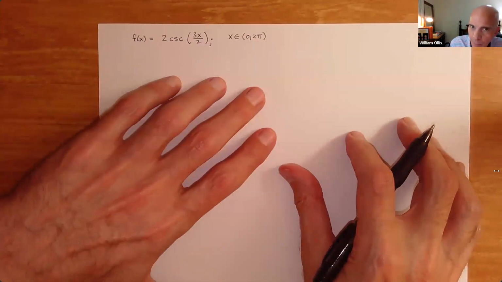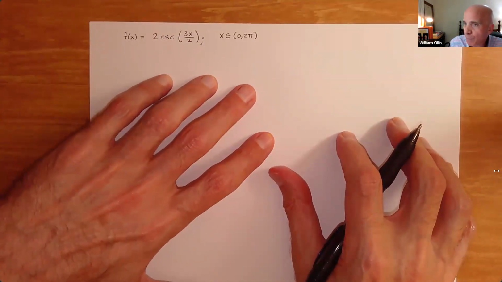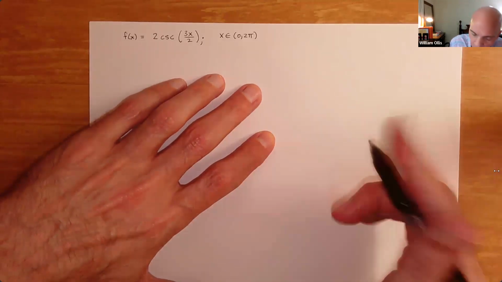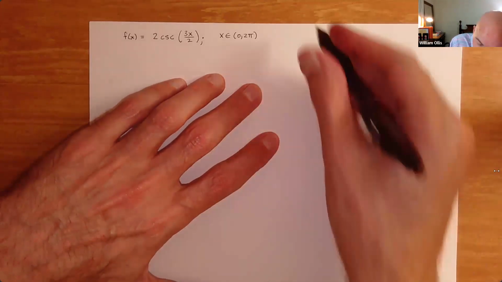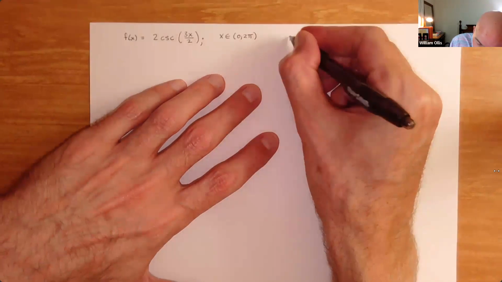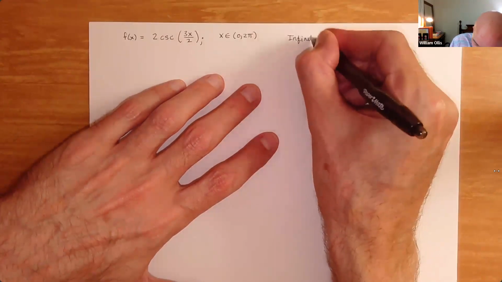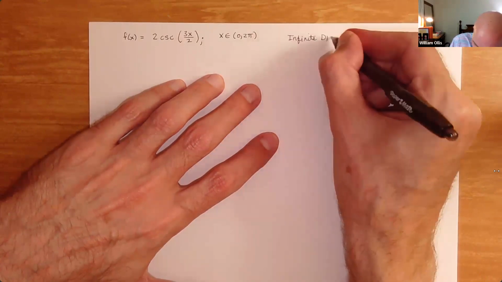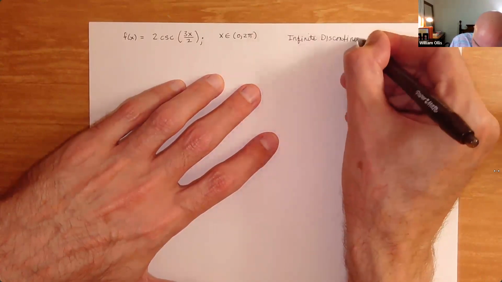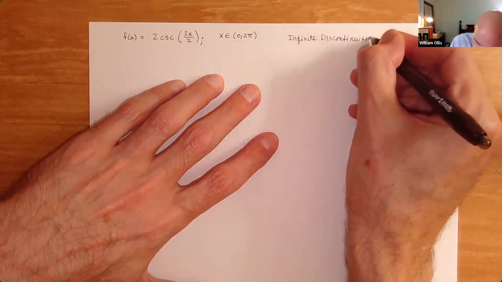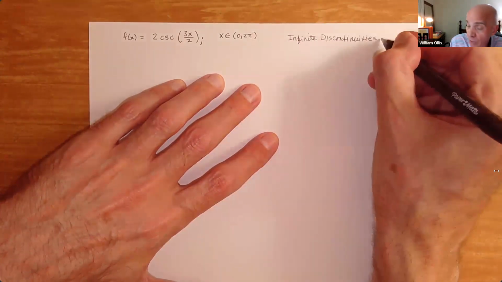So as I've said before, we don't want to forget our pre-cal. So we've already done that work. And let's just note infinite discontinuities. We'll just write the vertical asymptotes.